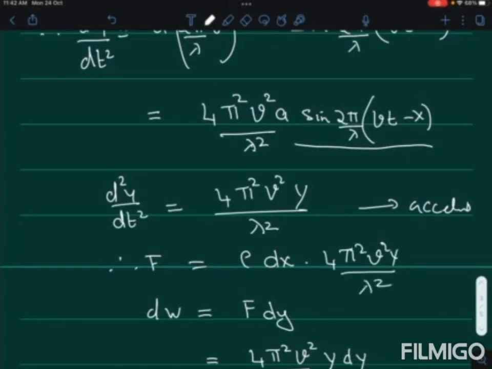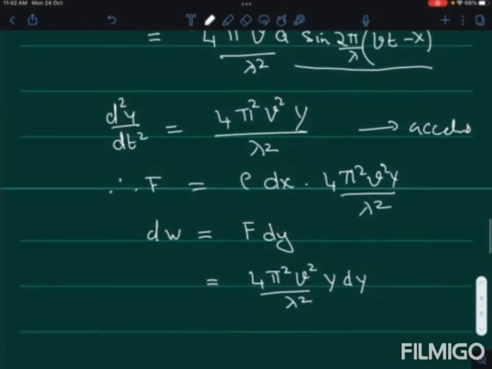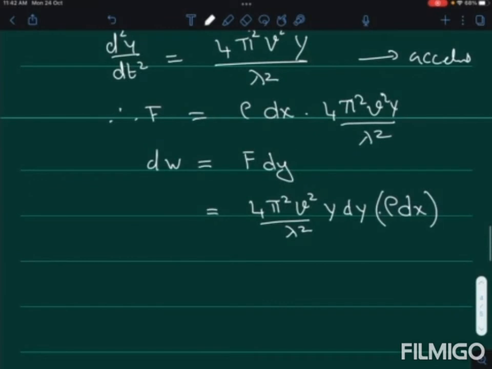So I have to have one rho dx also here. So this is for a small displacement dy.